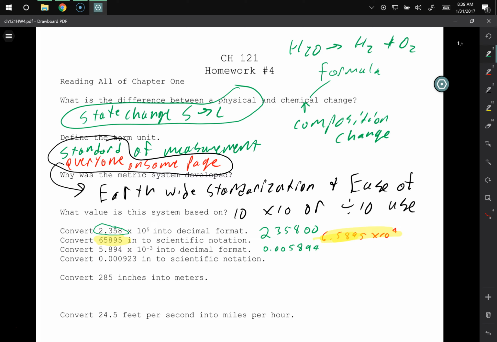And a negative exponent means what mathematically? Divide. Whatever I have there, and in this case I have 10 to the third, right? So instead of multiplying by 10 to the third, I divide by 10 to the third. So instead of multiplying by 10 3 times, I divide by 10 3 times. Last one.